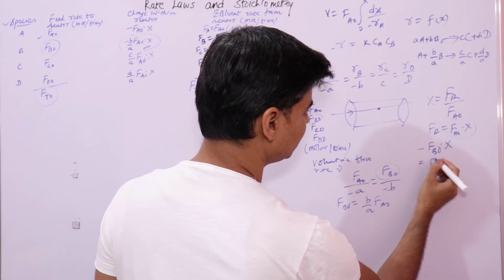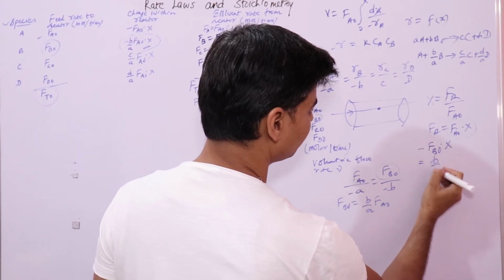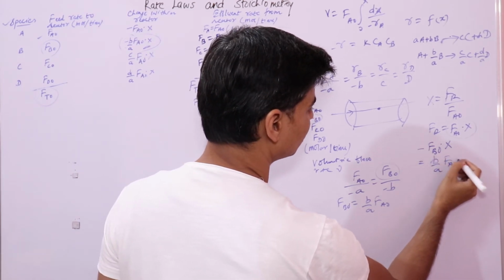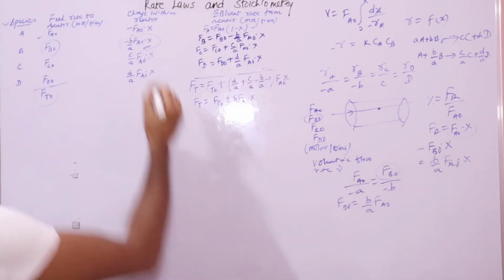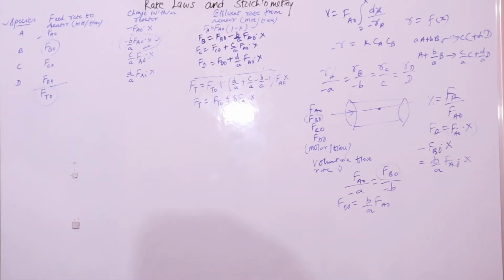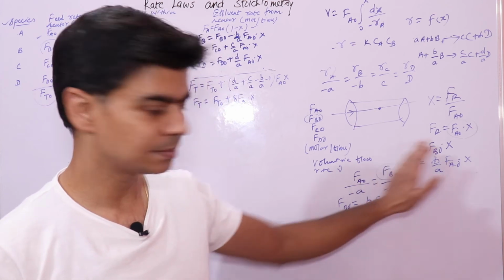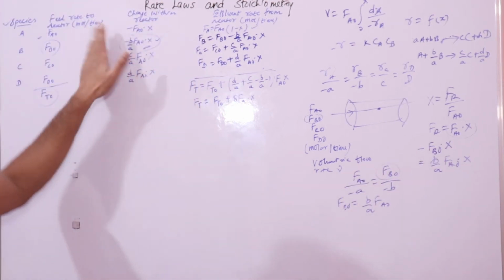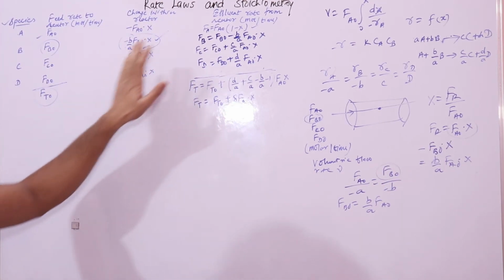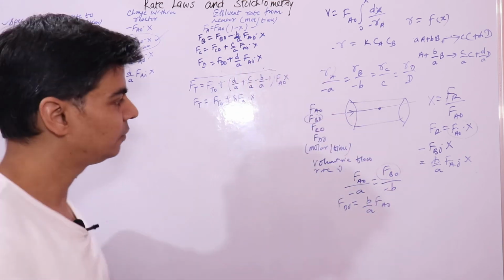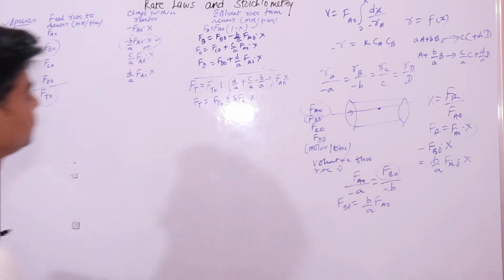In place of Fb0, I will substitute b upon a Fa0 dot x. This is what we have got. Using this method, we will define all reactants and products in terms of reactant A, or the initial feed of reactant A, Fa0.